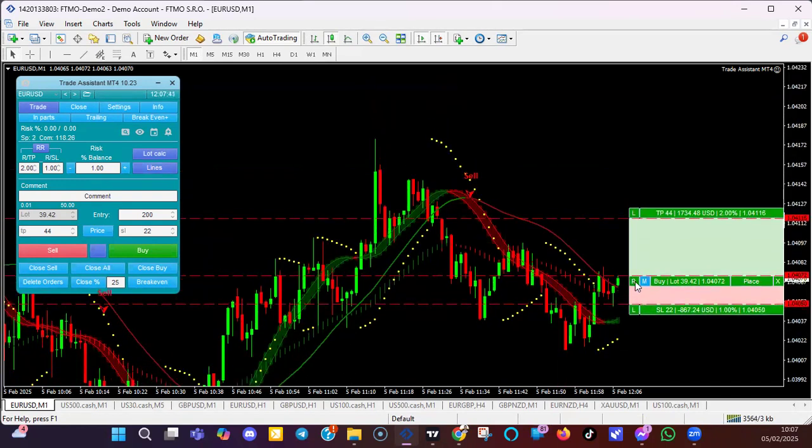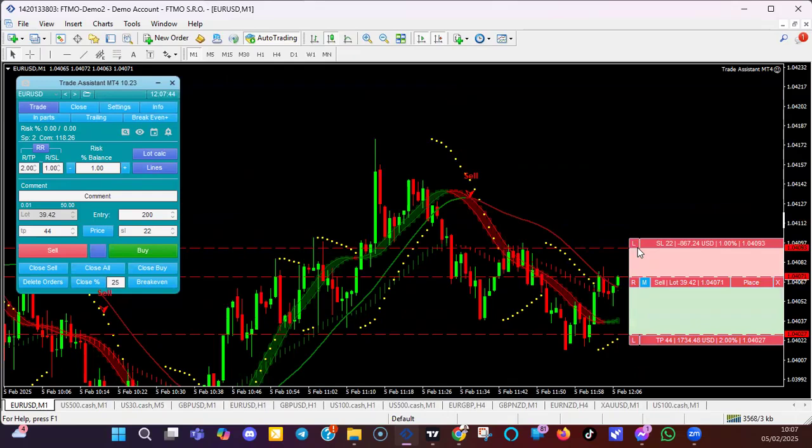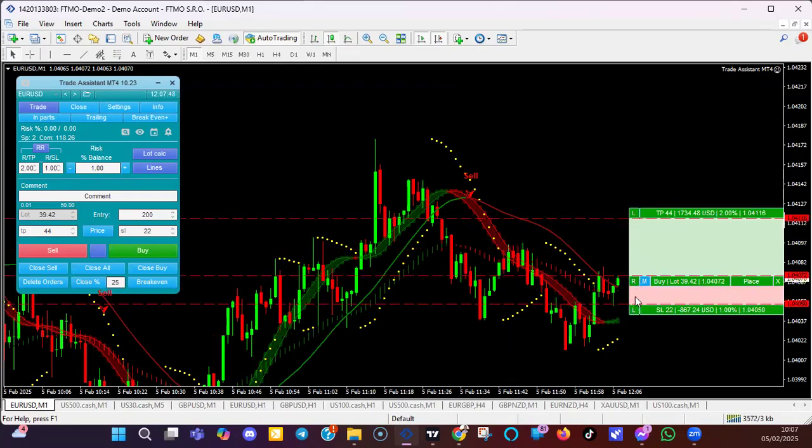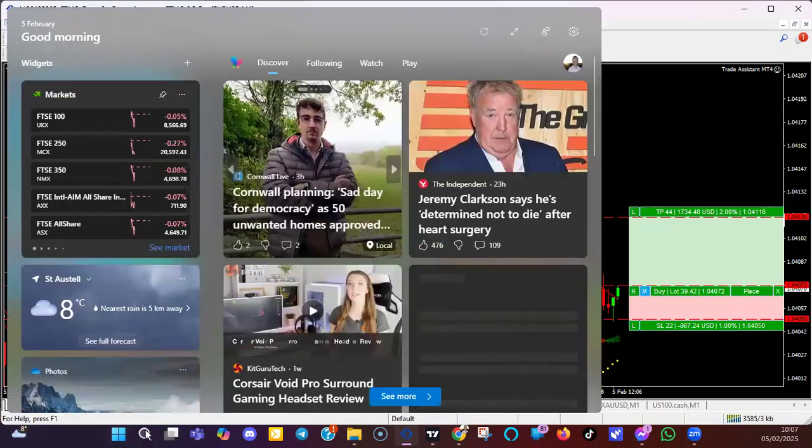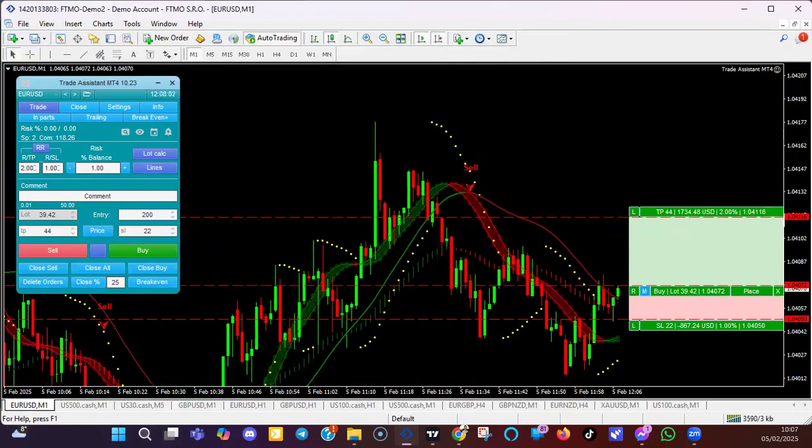If I wanted to sell, you press the R there, and then your stop loss goes above the entry. Press the R again, and then your stop loss is below entry. Full training for this is in the back office. So we are in our ready position, and that is to wait for a buy or sell trade.